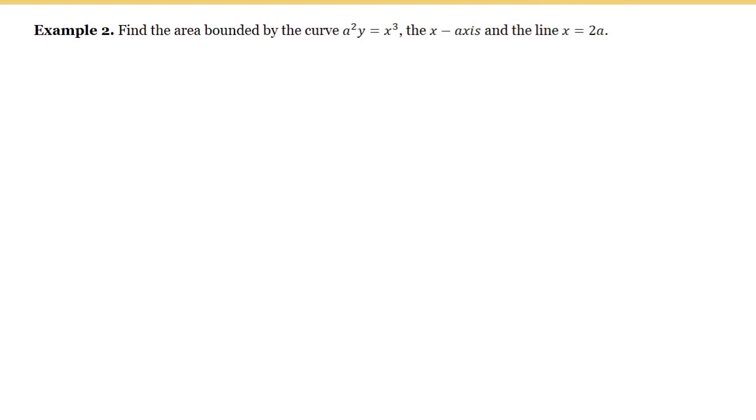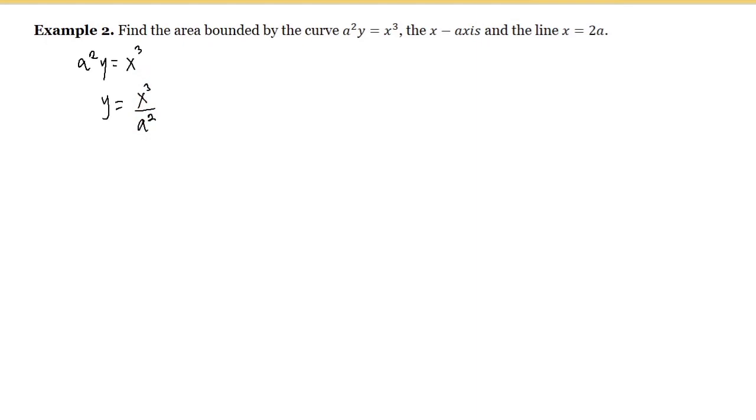So with this, as you can see, from our equation, we have a squared y is equal to x cubed. If we are going to express this in terms of y, then we can say that y is equal to x cubed over a square.